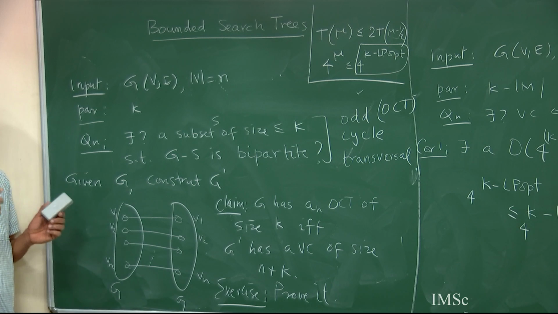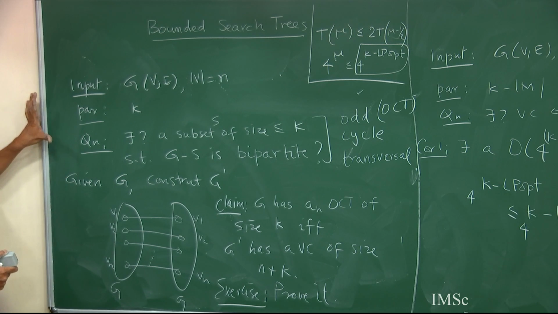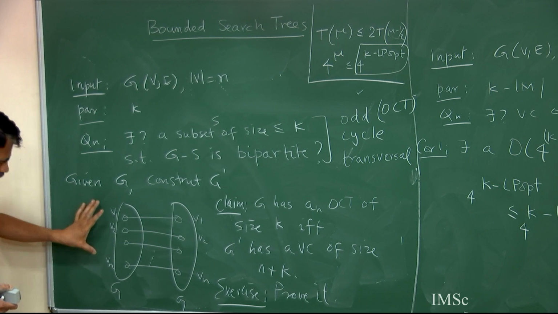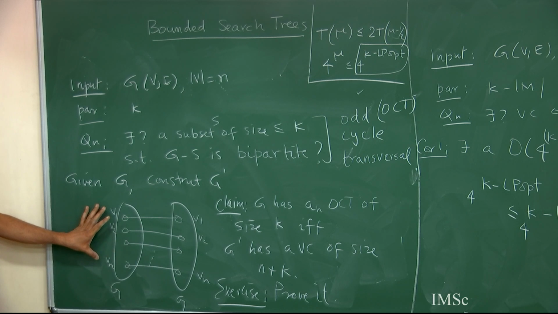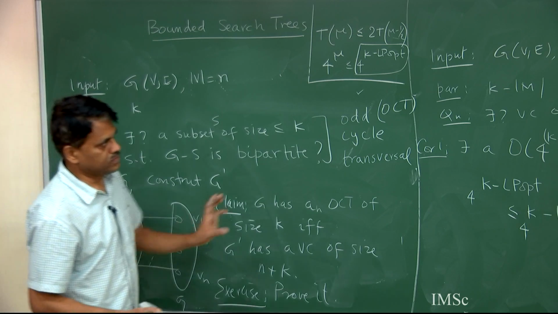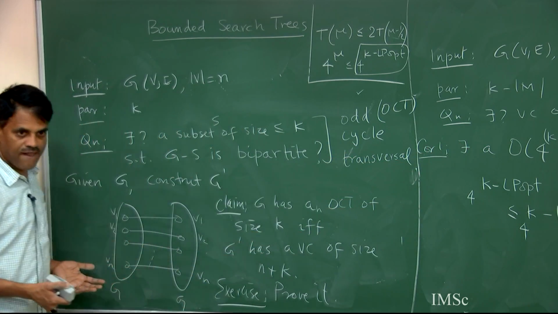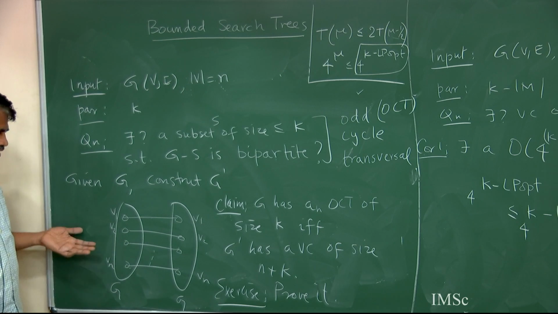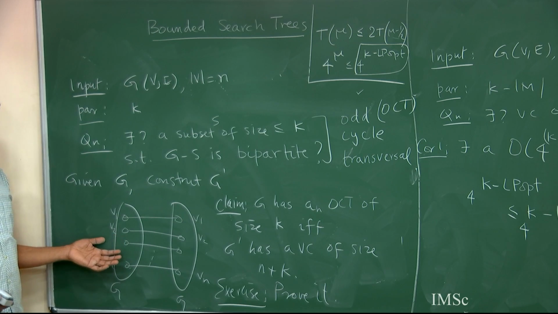But suppose I prove this. Now, this problem, is there an OCT of size at most k, boils down to, is there a vertex cover of size at most n plus k here. So, now I apply this algorithm, but what is the matching size here? This is a perfect matching, there are only 2n vertices, so matching size n.